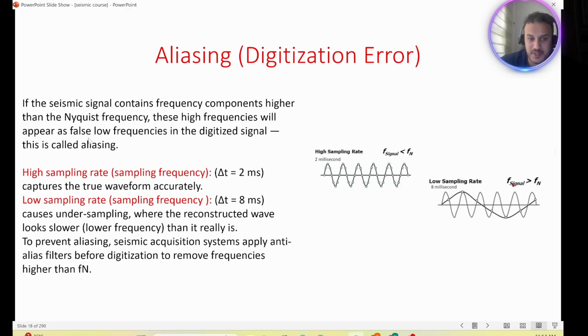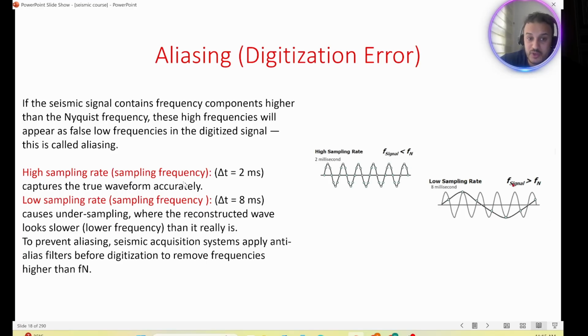So if the frequency component is higher than the Nyquist frequency, this is aliasing. It appears as low frequency signals, and we need to cut these to remove the noise.